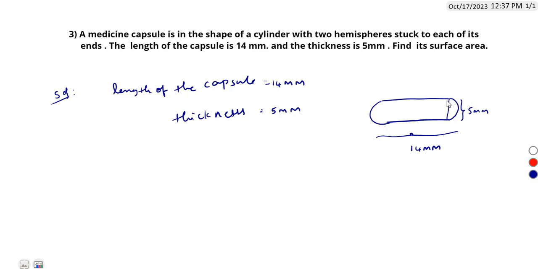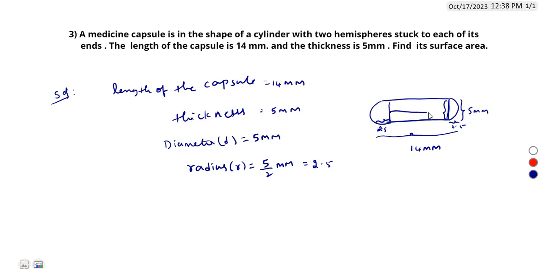Here thickness means the diameter. So diameter D equals 5 millimeters. Now radius R equals 5/2 millimeters. 5/2 means 2.5. Up to here this is 2.5, and this one also 2.5.